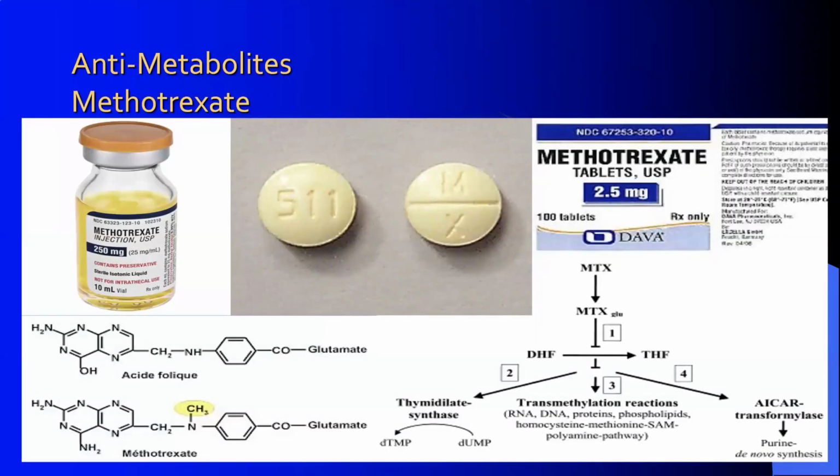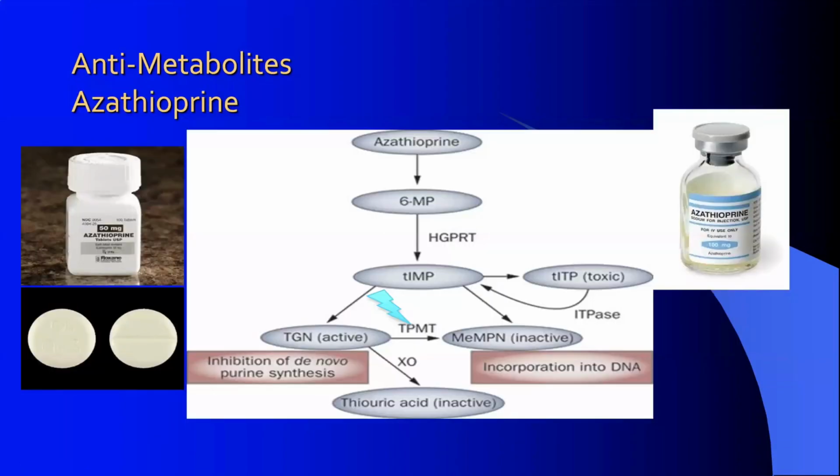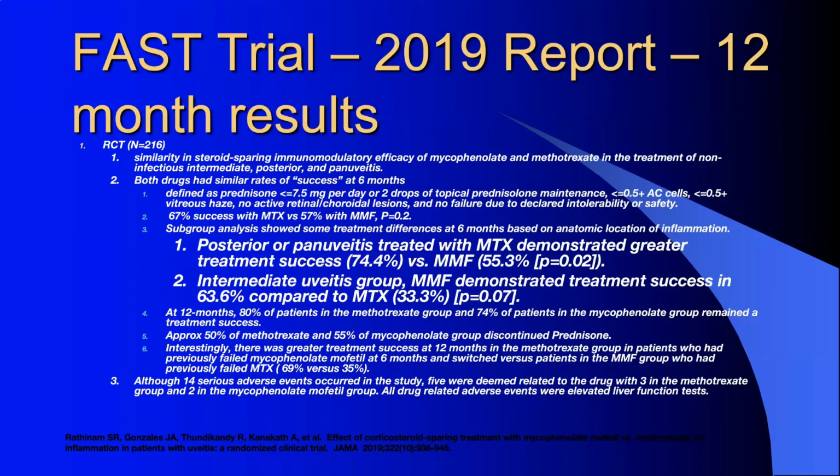There are many agents that we use to spare the use of steroids. Antimetabolites like methotrexate and azathioprine and mycophenolate are the first line drugs for immunosuppressive therapy. And what do we know about these antimetabolites? Well, one of the things that was done that was a remarkable study that has been updated in 2022 is called the FAST trial.